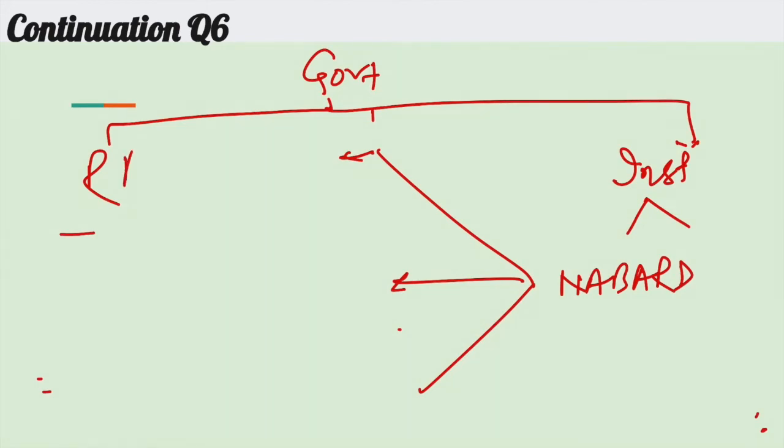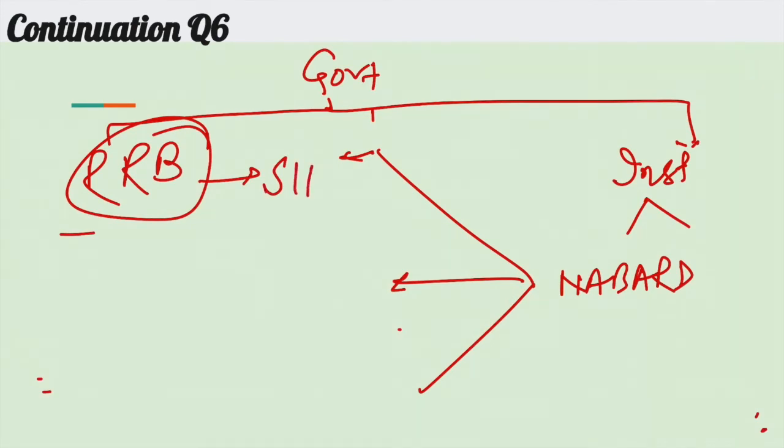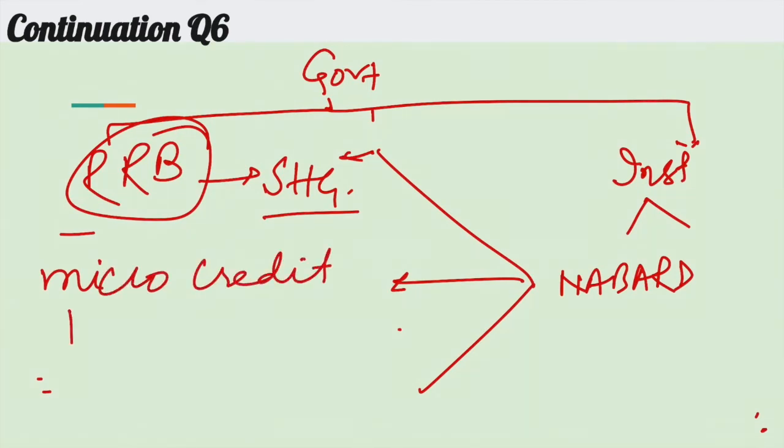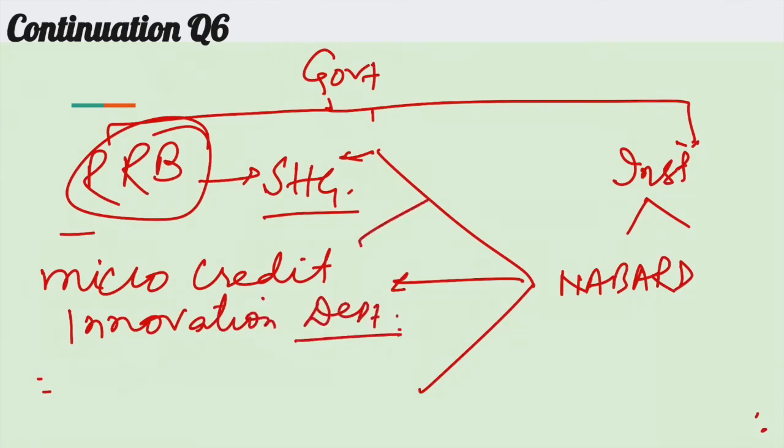Now, I can talk about certain initiatives of NABARD. First of all, NABARD supports SHGs by giving loans to regional rural banks, and these regional rural banks give loans to SHGs. And the second is they have established the Microcredit Innovation Department.